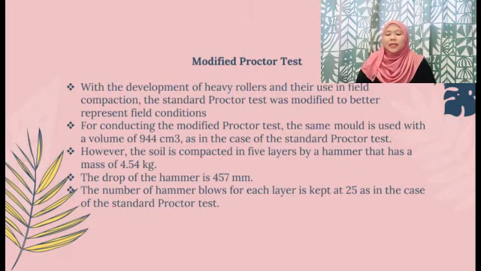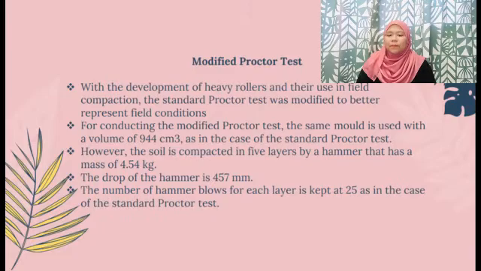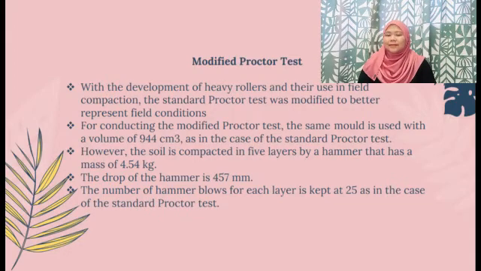However, the soil is compacted in 5 layers by a hammer that has a mass of 4.54 kg. The drop of the hammer is 457 mm. The number of hammer blows for each layer is kept at 25 as in the case of the standard Proctor test.